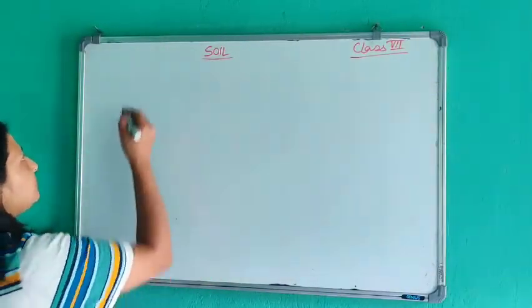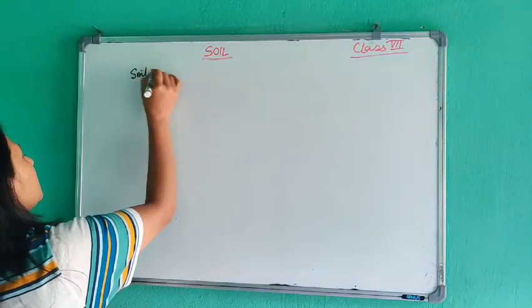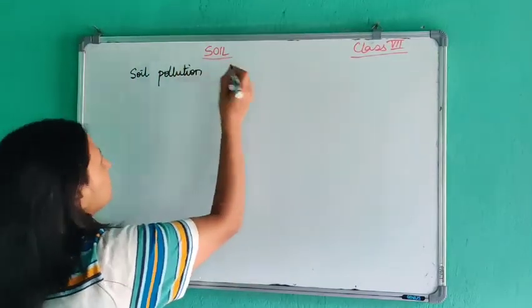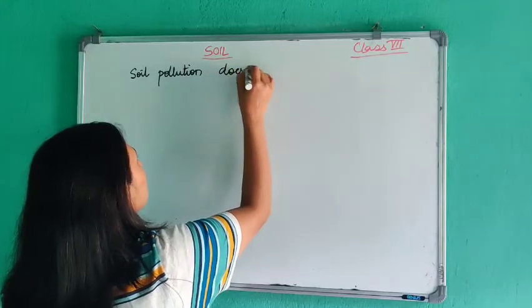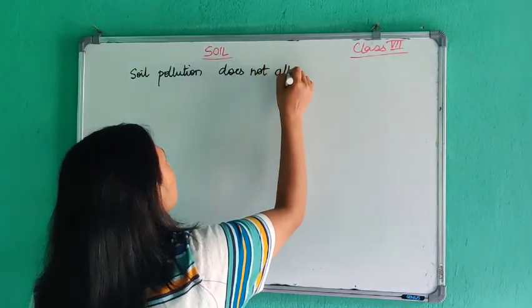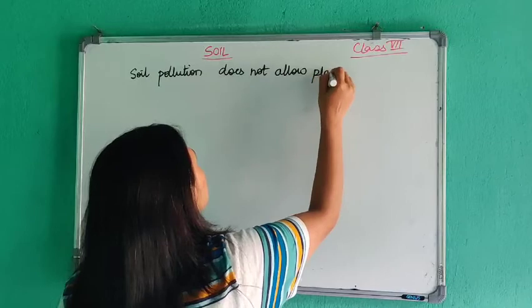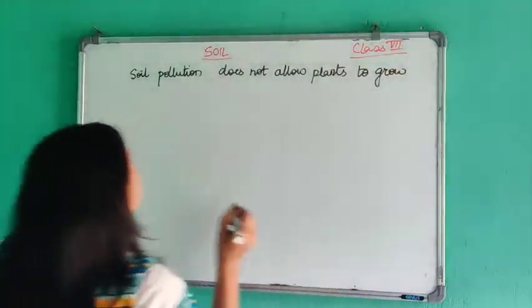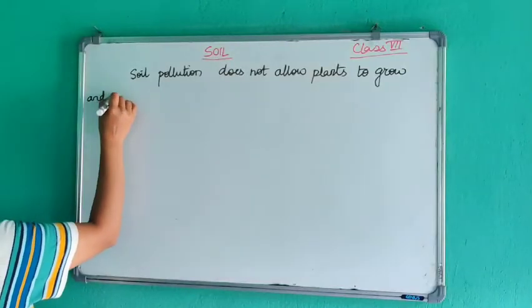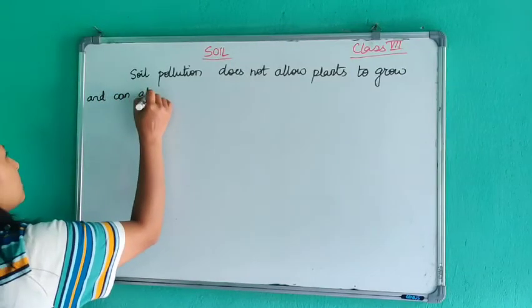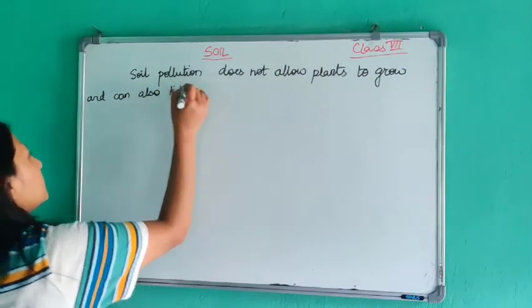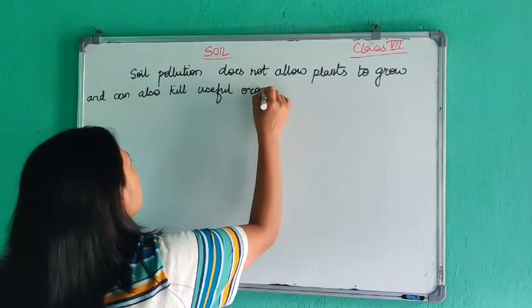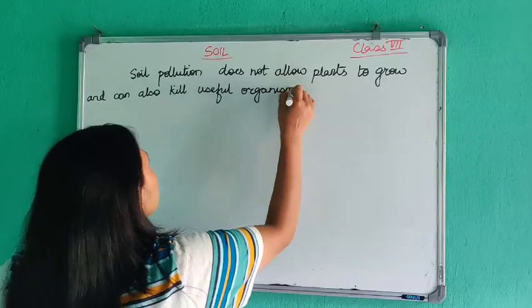Okay. So soil pollution does not allow plants to grow. So plants like grow गर्नु दिदैन, and can also kill useful organisms present in the soil.